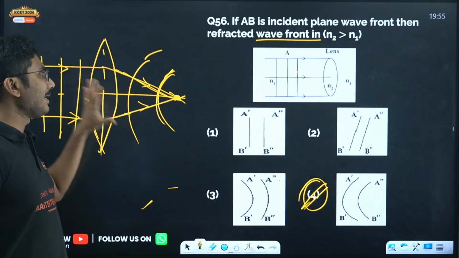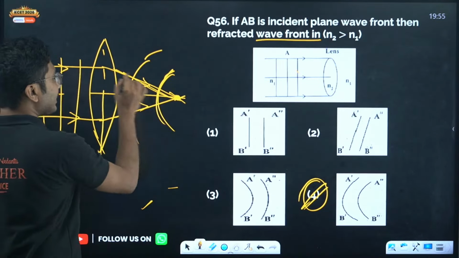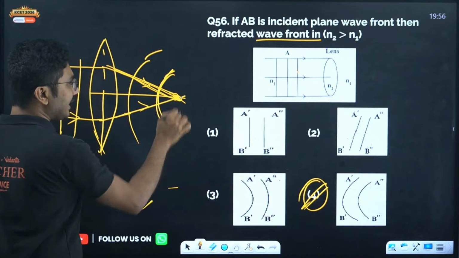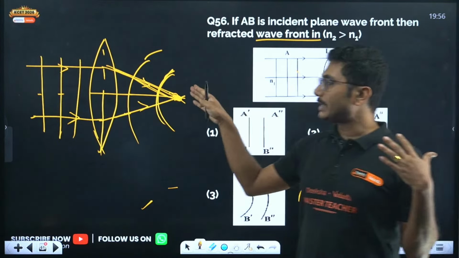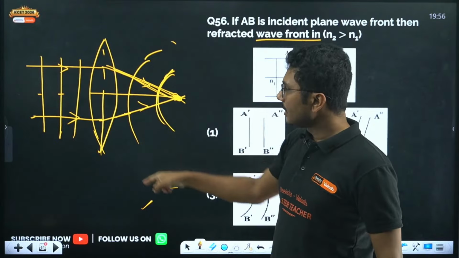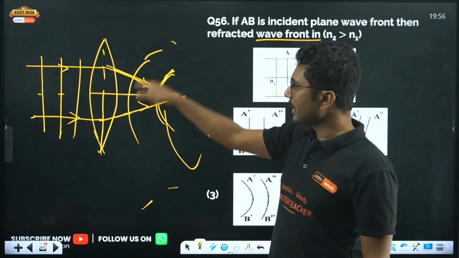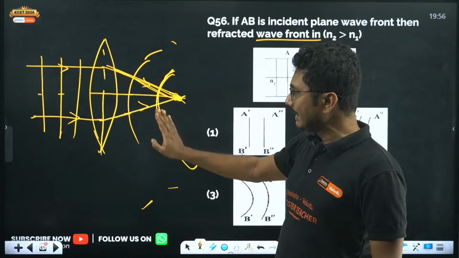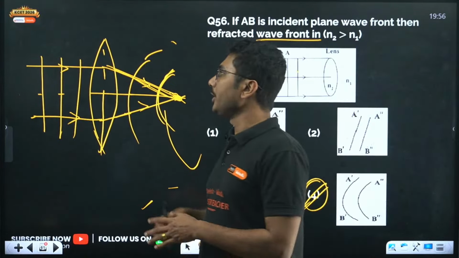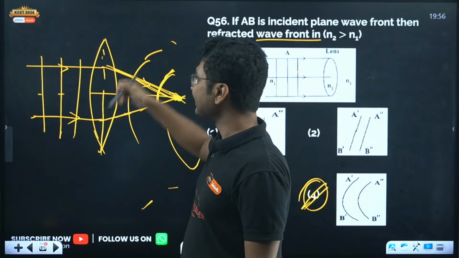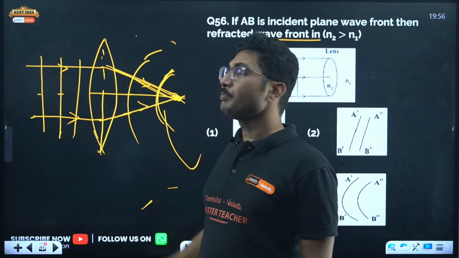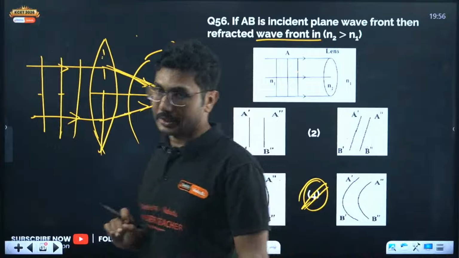If you understand that parallel rays meet at a point, the point of meeting will be the center of curvature. That means the refracted wavefront will be like this. I am giving you a fair warning: if the refractive index of the lens is less than the surrounding medium, then your earlier answer would be correct.